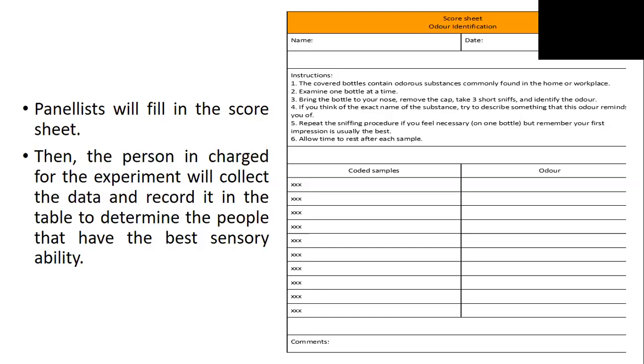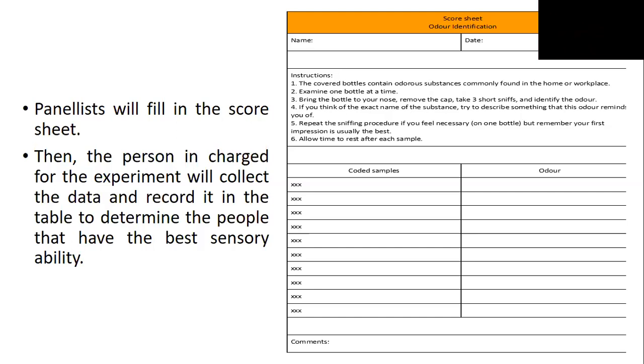If the panelists cannot identify what odor it refers to, they can stop for a while before continuing to repeat the sniffing process.